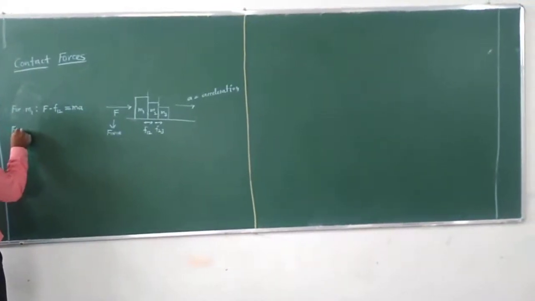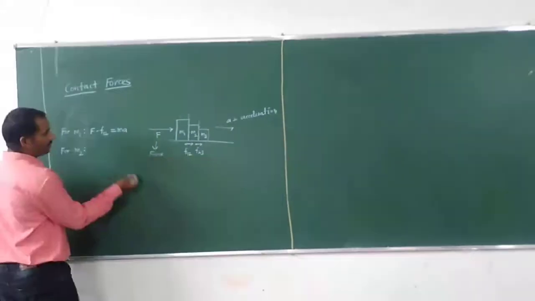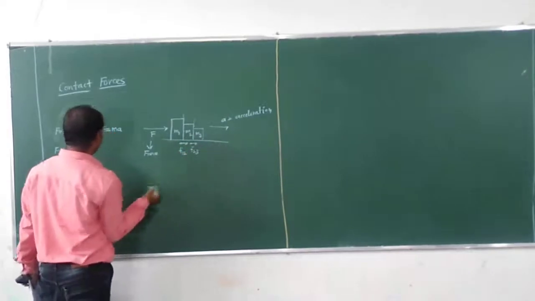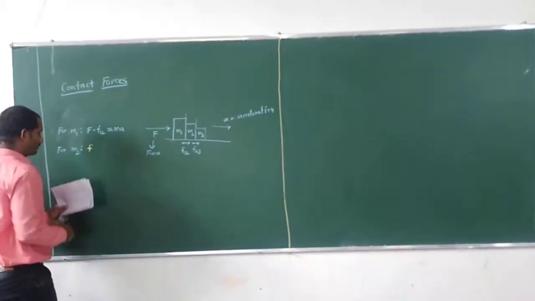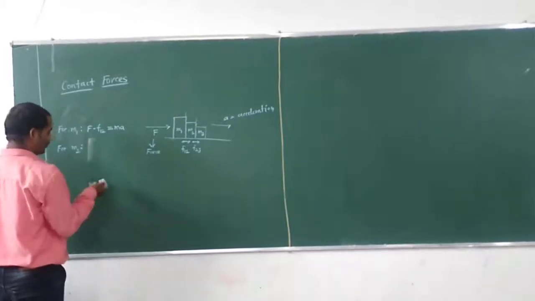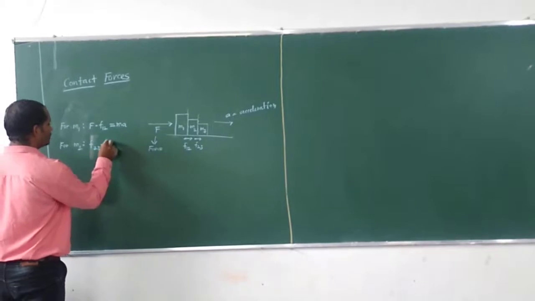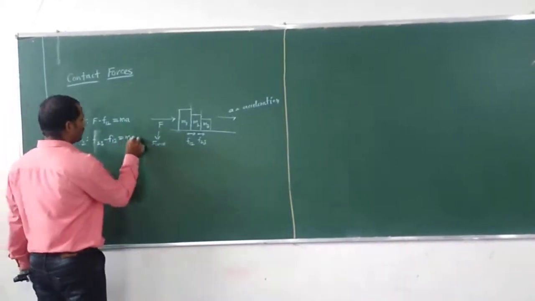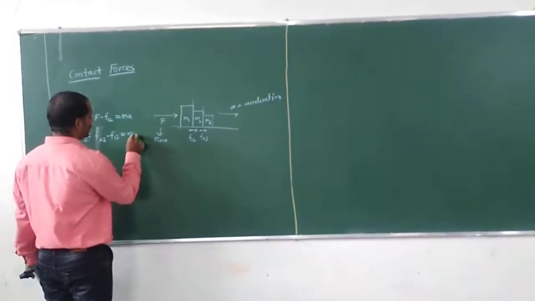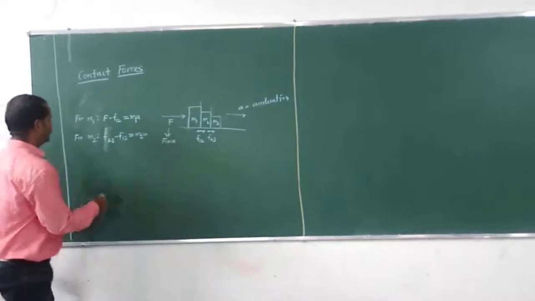त्याच्यानंतर for m2, या दोन्हीच्या मधला फोर्स किती आहे? For m2 it is F23 minus F12. This is m2a and this is mass m1a.